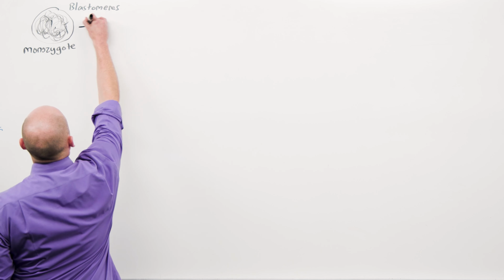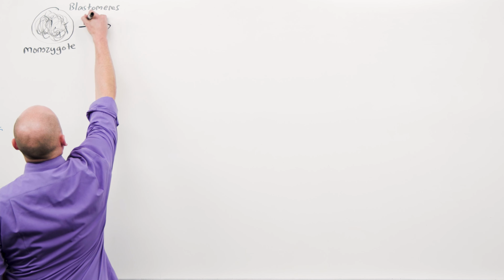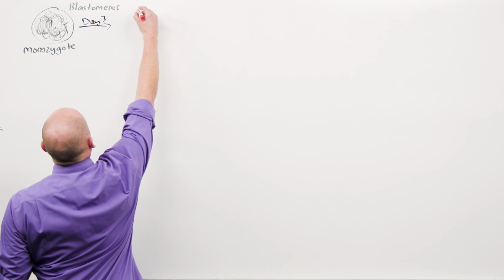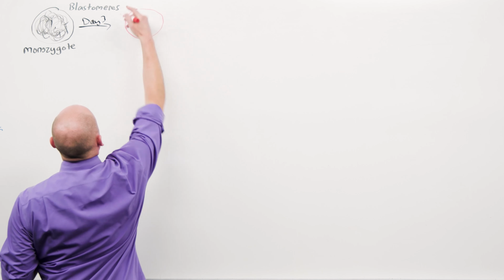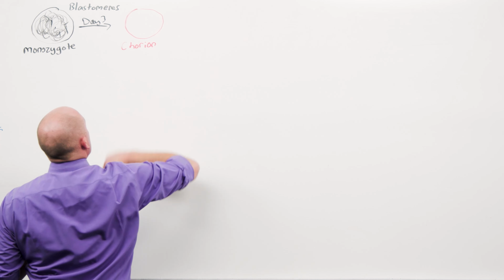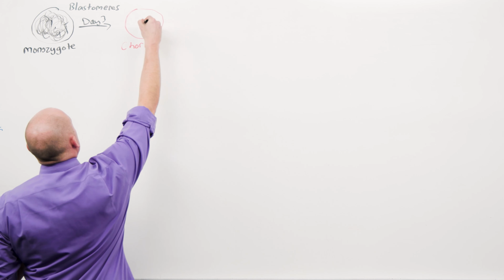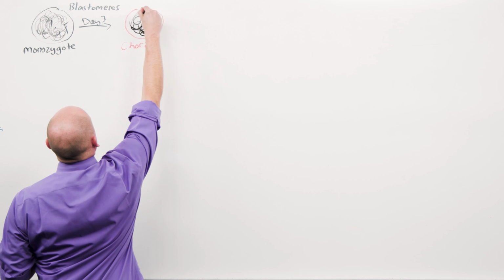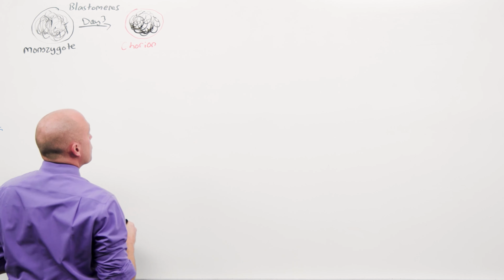First thing, differentiate. Day 3. The chorion differentiates. And within it, swirling, totipotent cells.